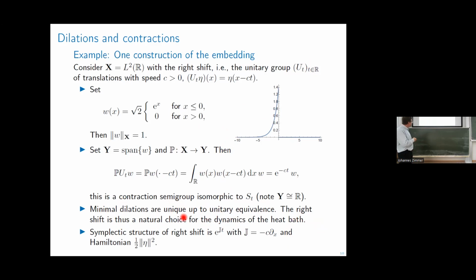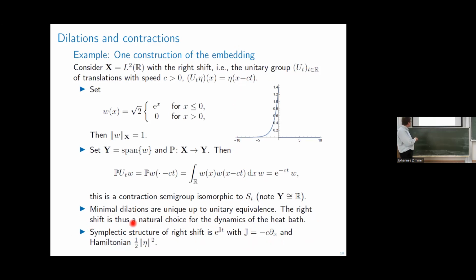If I want to write this as a unitary group, it's e to the Jt, where J is minus c times the derivative, and the Hamiltonian is simply the norm of beta squared. And that is what we're going to use. So why is this relevant? The time derivative gives a minus c in comparison to the space derivative. That's the way of encoding the unitary shift as the right unitary operator.